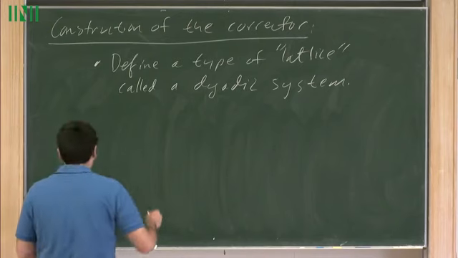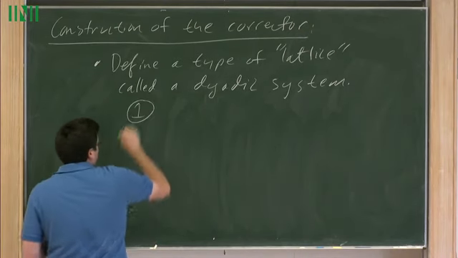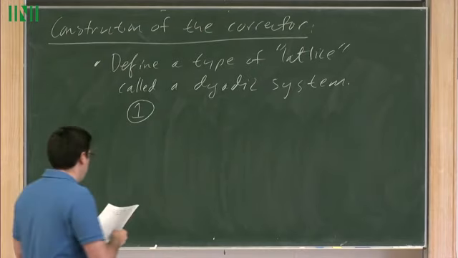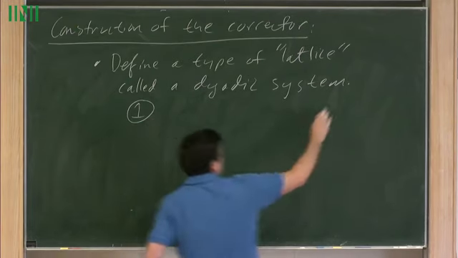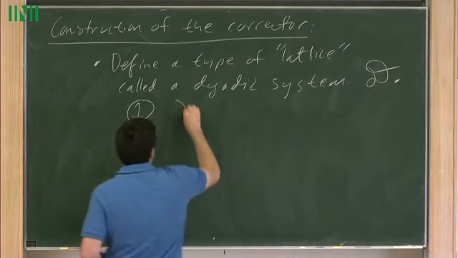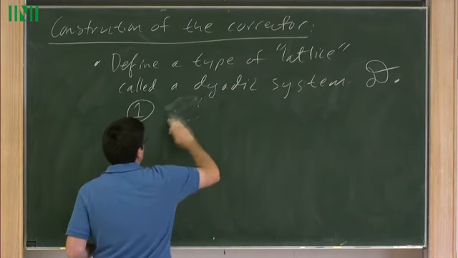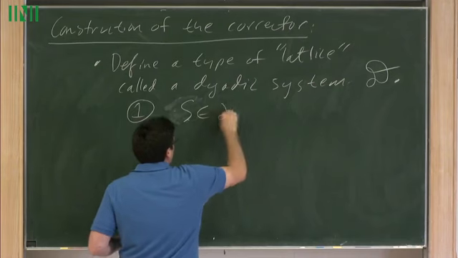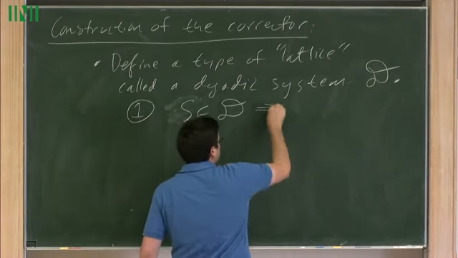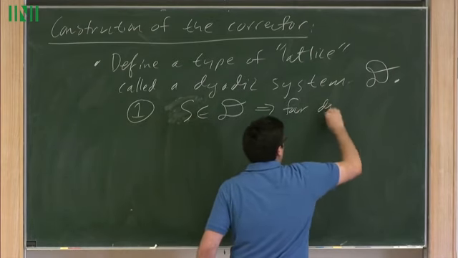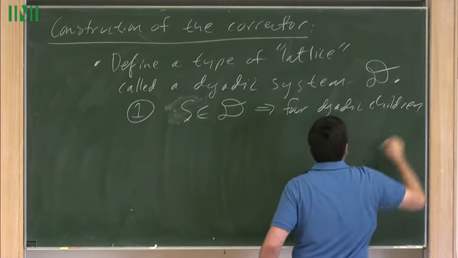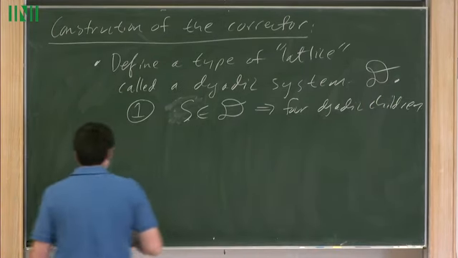And what a dyadic system is, it's a collection of squares in the plane, and it has the property that if you have any given square S which is inside of your dyadic system, then the four dyadic children are also contained in the dyadic system.